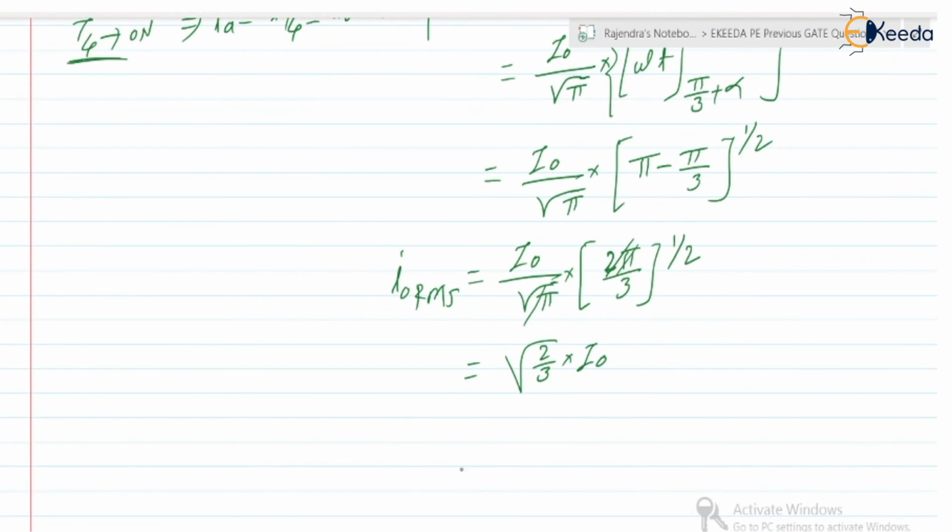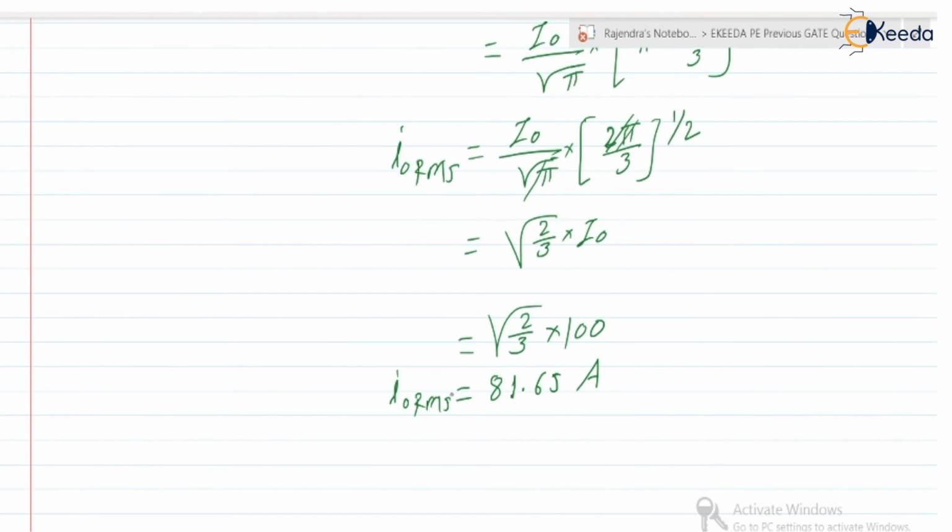So it is √(2/3) times 100, which is 81.65 ampere. This is the IA RMS.